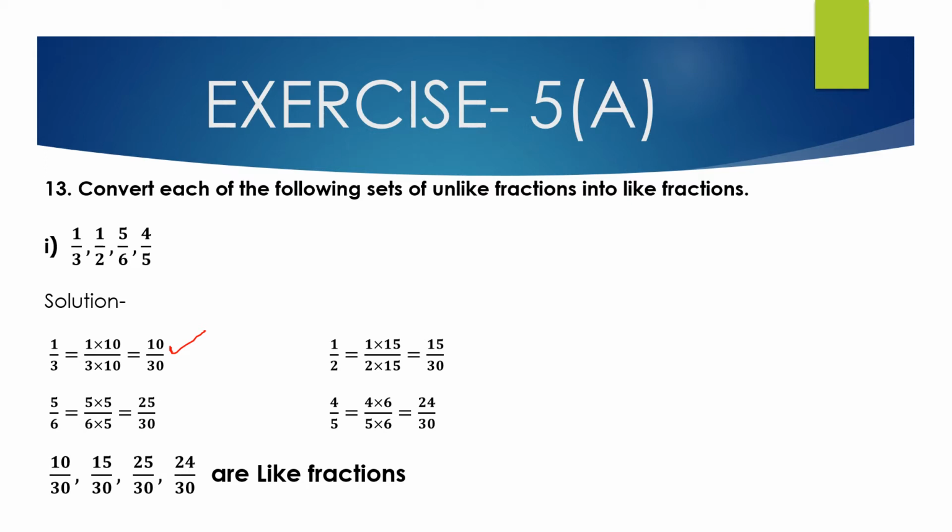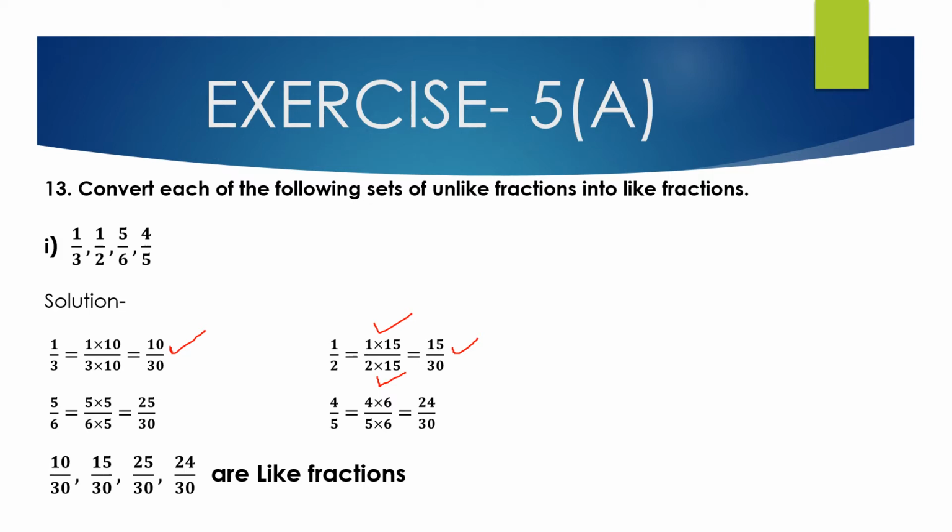As we know, 2 multiplied with 15 is 30. So multiply numerator 1 with 15 and denominator 2 with 15. So we get 1 multiplied with 15 is 15 divided by 2 multiplied with 15 is 30. So we get 1 divided by 2 equal to 15 divided by 30, and 15 divided by 30 is the equivalent fraction of 1 divided by 2.